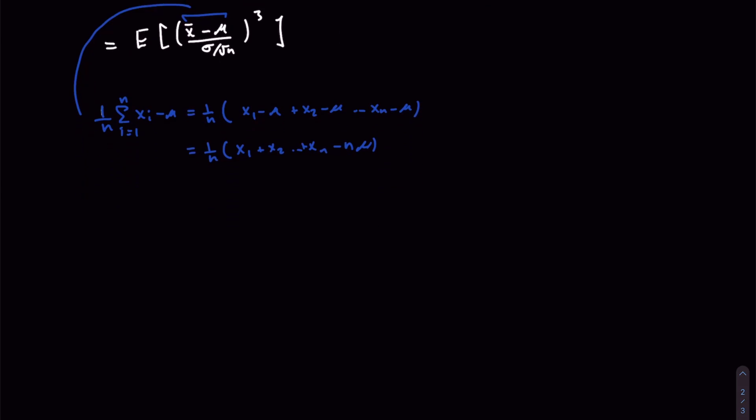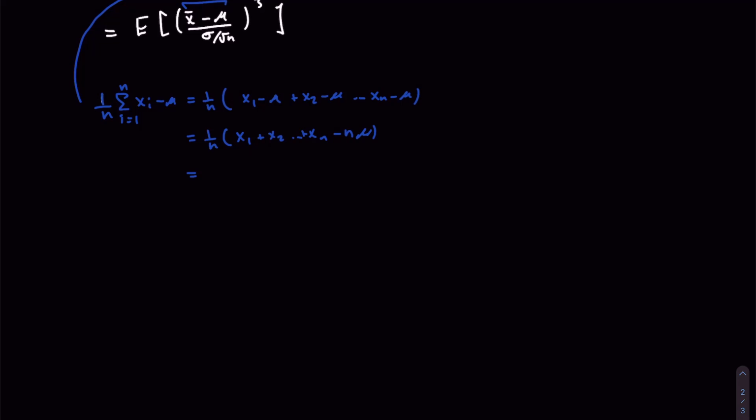Okay, and then 1 over n, we can now just open up that parentheses and, well, basically pull out this mu term. So now we have, going back to the summation notation, 1 over n, and we have minus n mu, like this. So what happened? Well, I pulled out the minus n mu, but we have to multiply by 1 over n, which is what we're doing here.